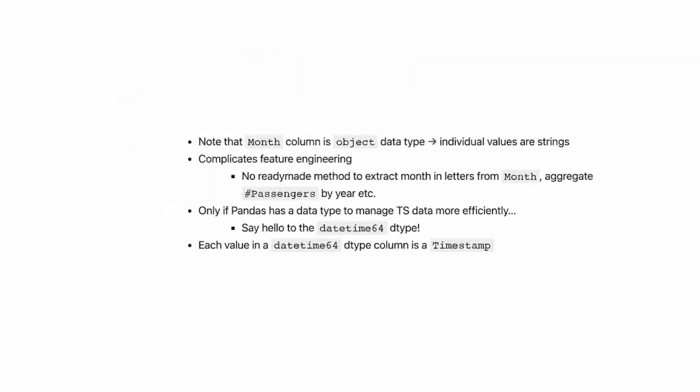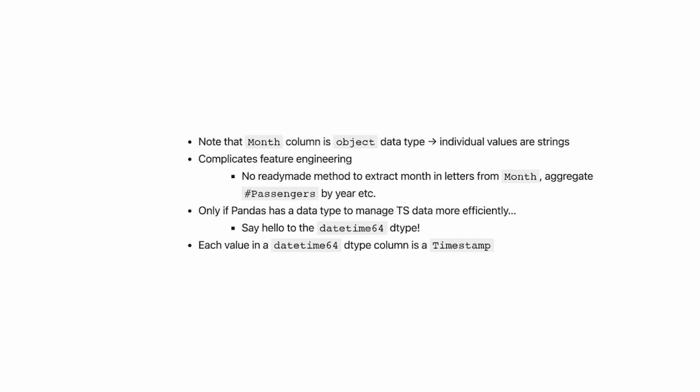If you remember the info printout from last slide, you could see that the month column is of object type, which means each individual element is a string. There is really no problem with this, but this makes feature engineering quite difficult. For example, if you're interested in extracting specific properties like the year or the month, string slicing is quite inefficient and difficult and might even be next to impossible considering that you could have date and time in different formats in a particular column.